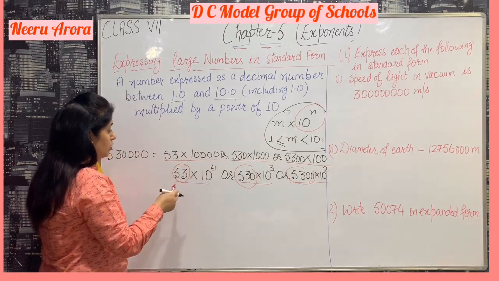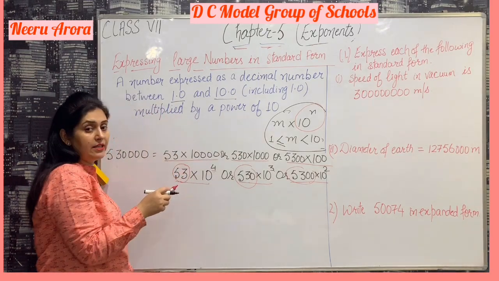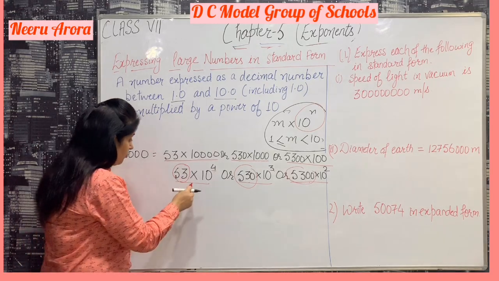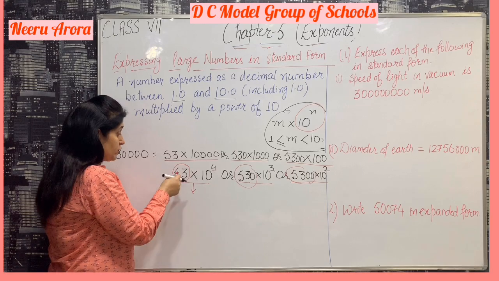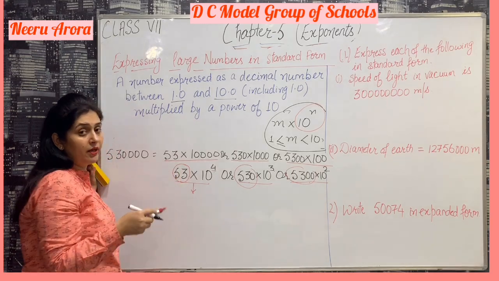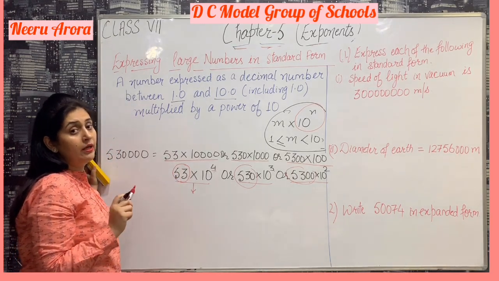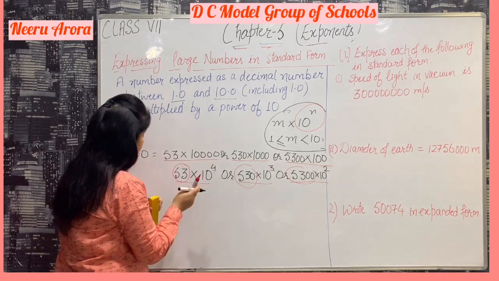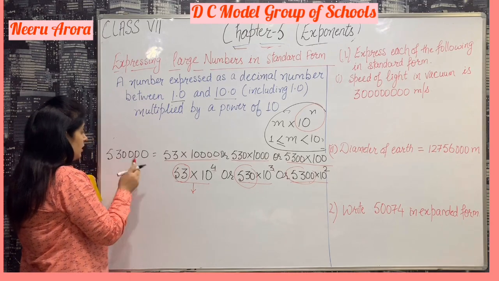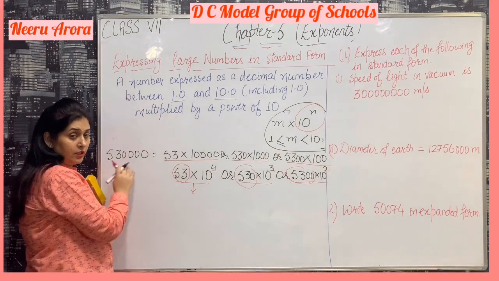Now suppose I want to reduce further, because our number lies between 1 and 10. I want to reduce this number further, because I don't want 53. I want a number here which lies between 1 and 10. So before explaining this to you, where is the decimal in the given number?